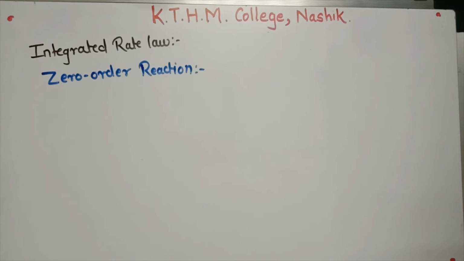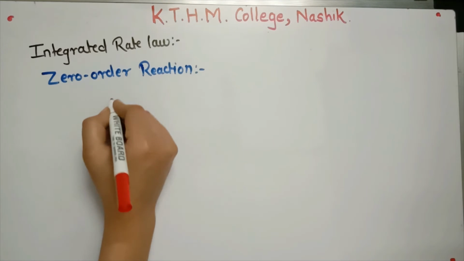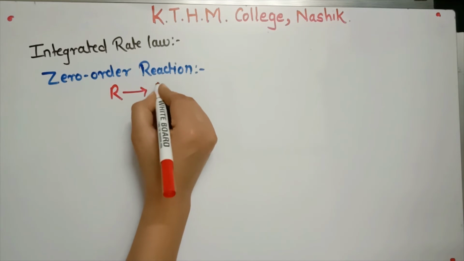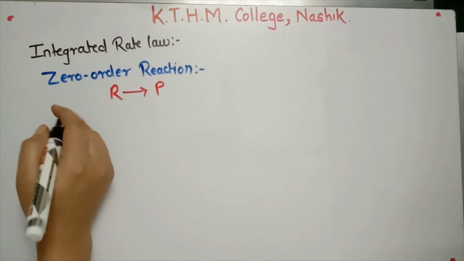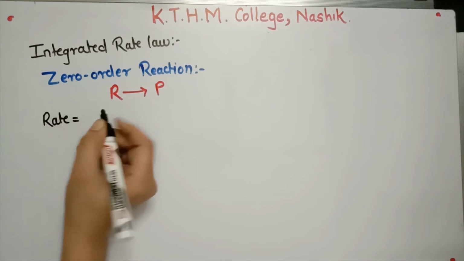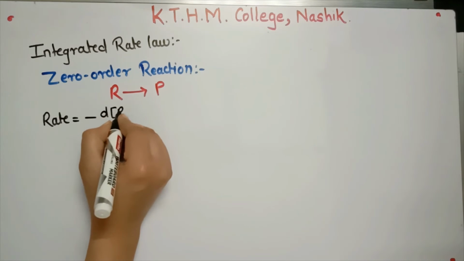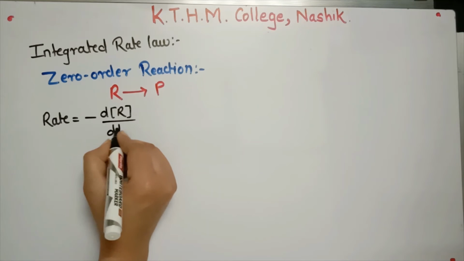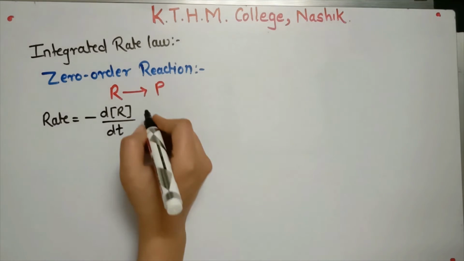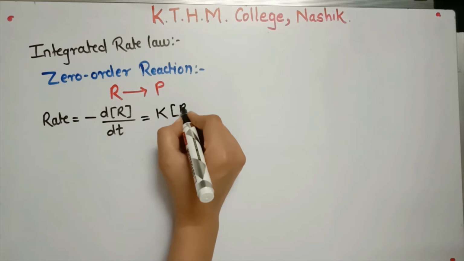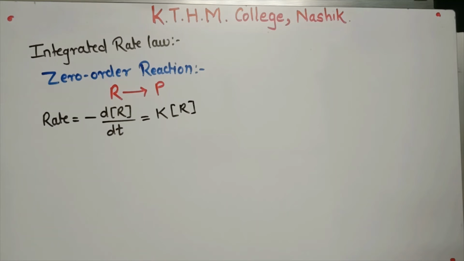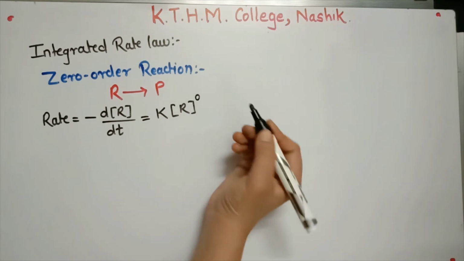So now for the zero order reaction, that is R gives the product P. We know that rate is equal to minus d concentration of R upon dt, which is equal to K into concentration of R. The order is zero, so raised to 0.